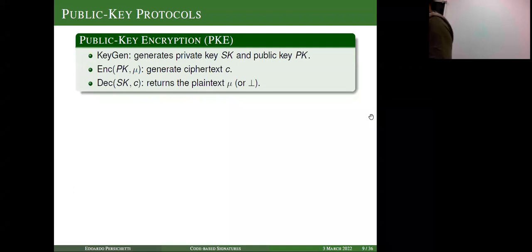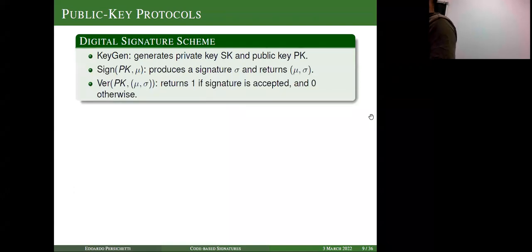So again, I don't want to do this. What I want to talk about is signatures. And the protocol for signatures is similar in spirit, but in opposite fashion. So now the person that signs is the one with the secret. Of course, this should be the secret key here. So you sign with the secret key, and this produces a signature, and then you transmit the message along with the signature.